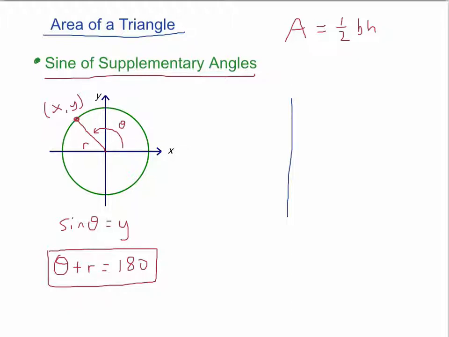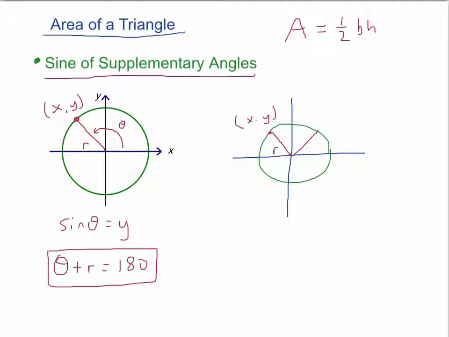Now, I'm going to draw another unit circle, and I'm going to now only draw the terminal side of our angle theta. We know that that ends at the coordinates x, y. I'm going to put the reference angle r there, and what I'm now going to do is reflect that particular terminal side about the y-axis.